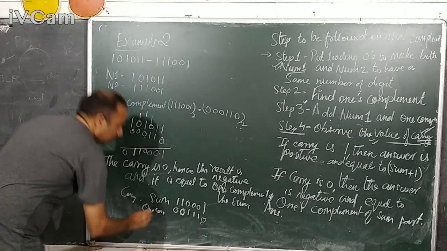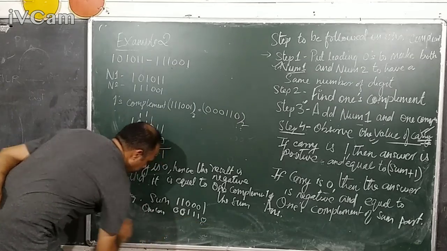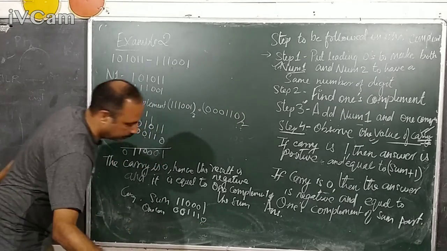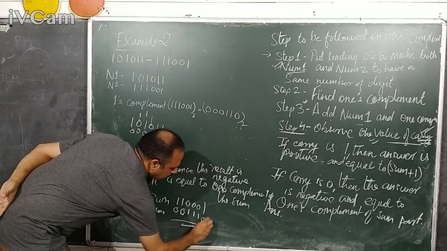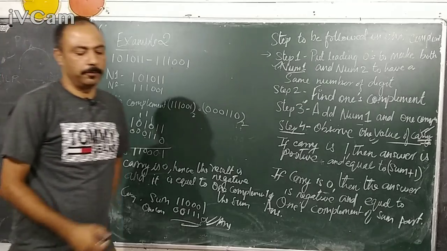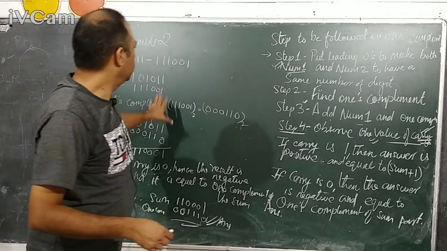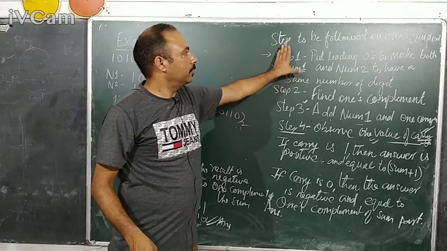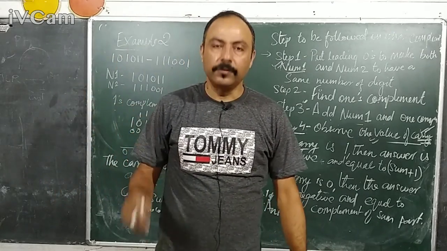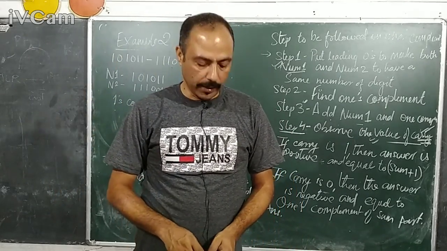So this is the answer. Now, where to write the answer? So this is the answer. We just have to put the 1 complement and write. So these are the ways to find the result of the binary subtraction using the 1 complement method.